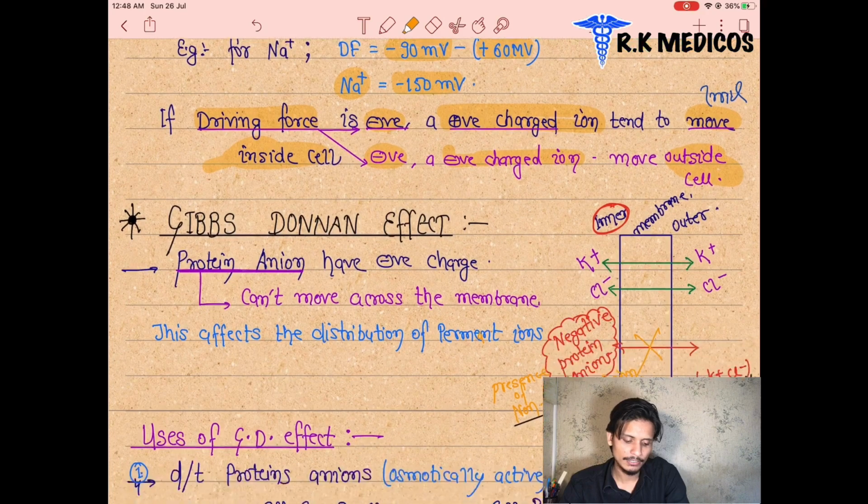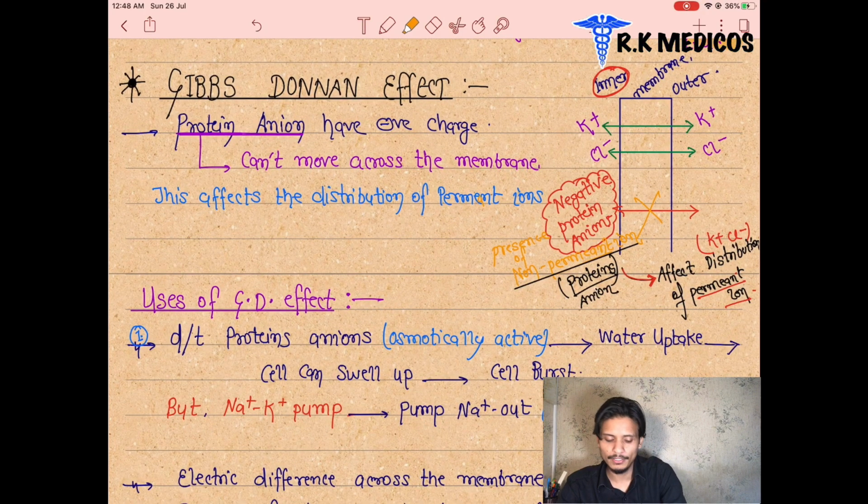Now we are going to see the Gibbs-Donnan effect. What does it mean? It is basically created by the protein ions, and even if you don't know about it, now we learn it. Inside the cell the negative charge is higher, and that's why there is electronegativity inside the cell.